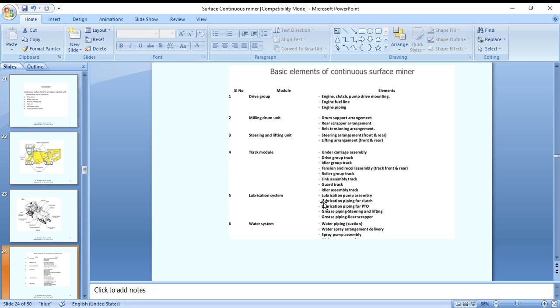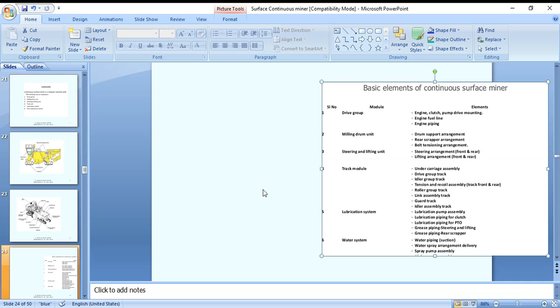Lubrication system: lubrication pump assembly, lubrication piping for clutch, lubrication piping for the PTO, grease piping for steering and lifting, grease pipe for rear scraper. Water system: water piping, water spray arrangement, delivery, spray pump assembly.